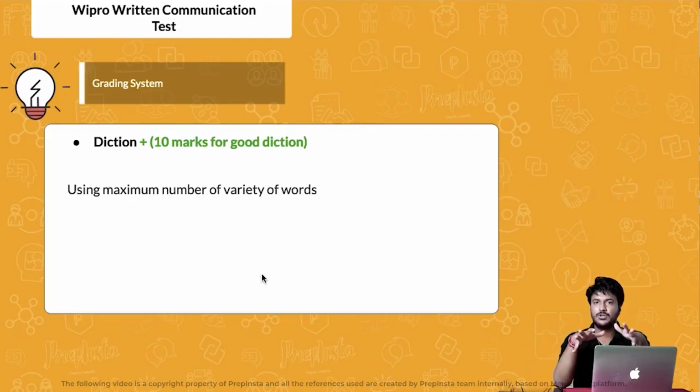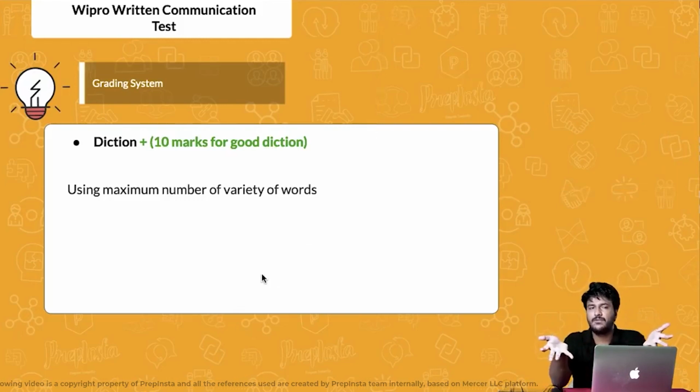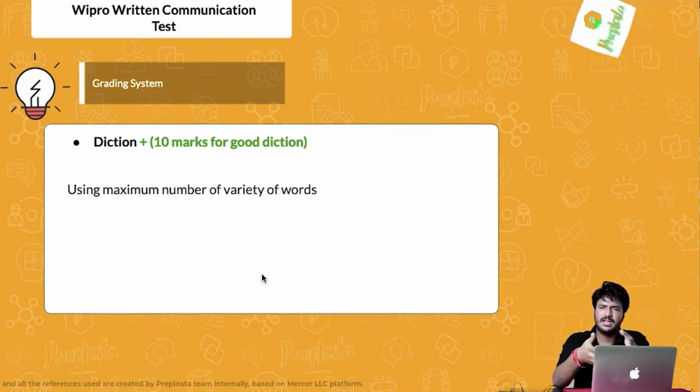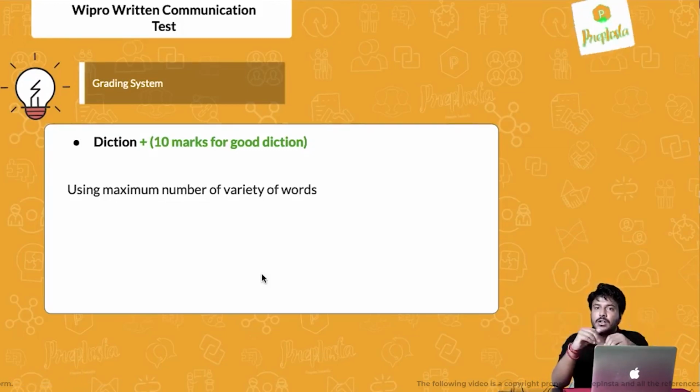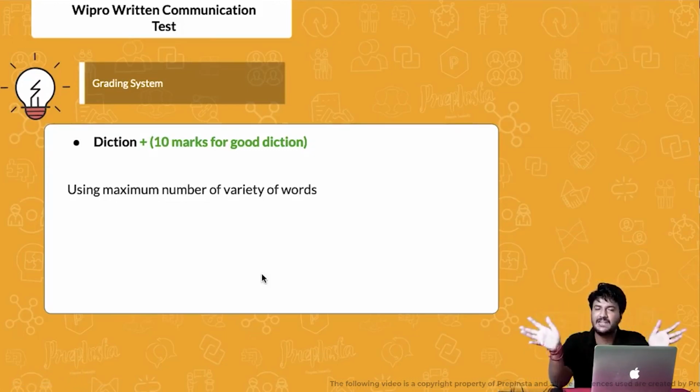It is not important. So we've seen that a lot of fake YouTube channels regarding placements have uploaded completely wrong information about it. What they say is, use good words. It is not important. Don't use fancy words. Don't remember fancy words. The platform will not give you marks for using difficult words, fancy words.